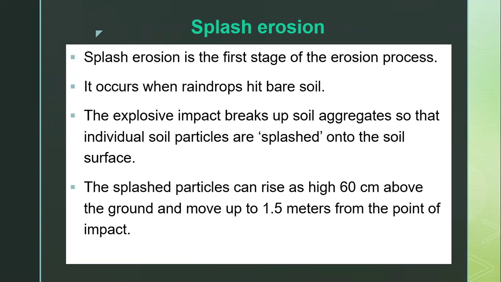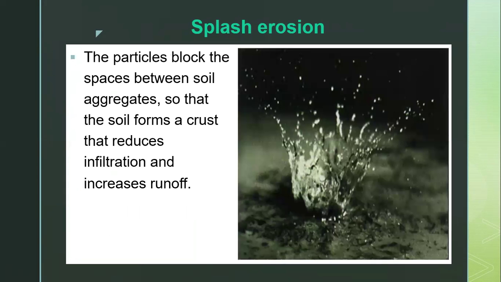The splashed particles can rise as high as 60 centimeters above the ground and move up to 1.5 meters from the point of impact. The particles block the spaces between the soil aggregates so that the soil forms a crust that reduces infiltration and increases runoff. So this is how splash erosion occurs.